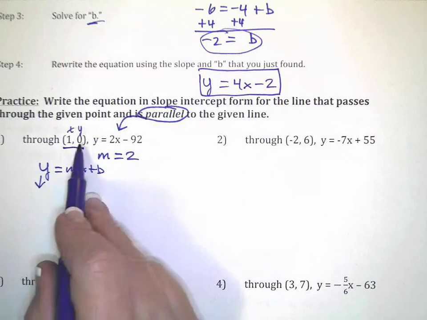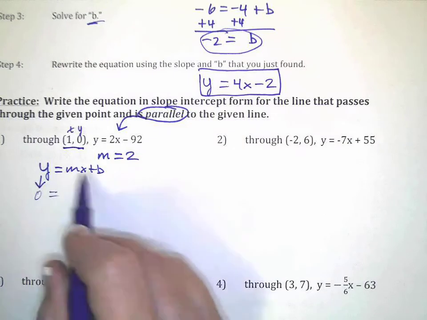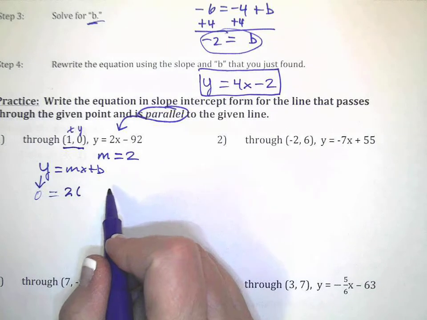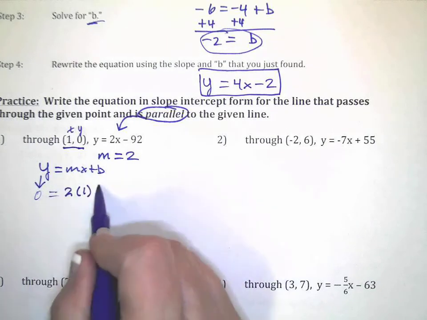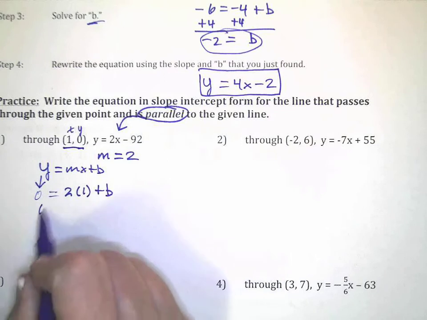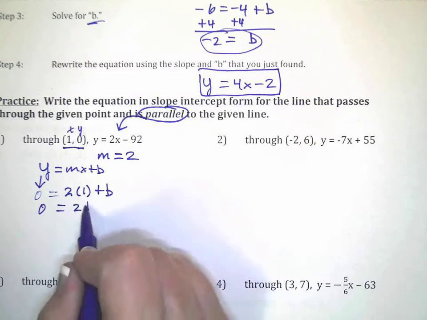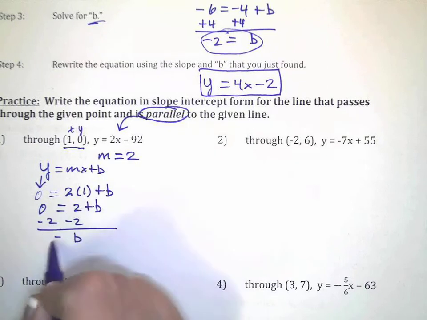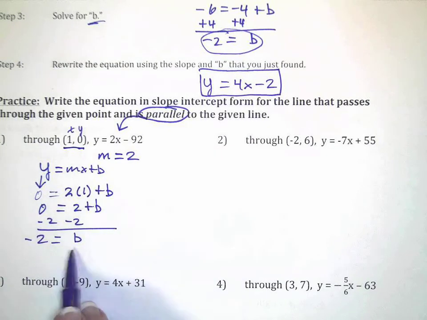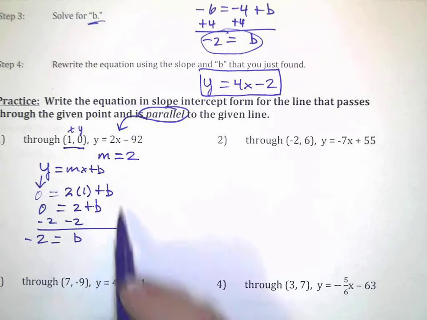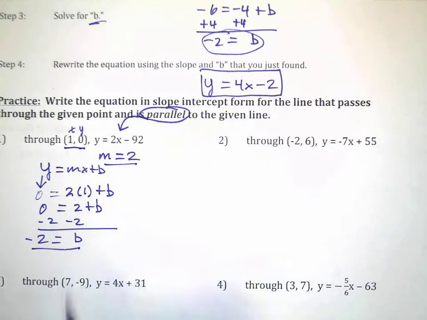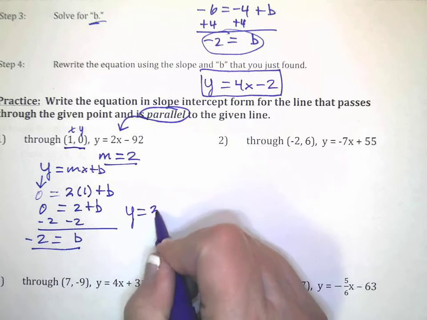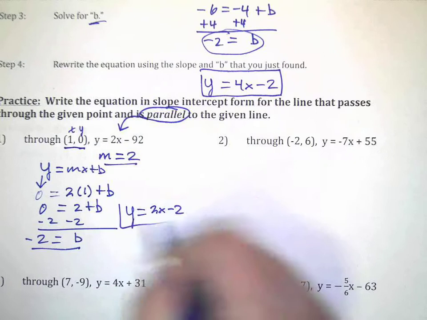So in place of y, we have 0 equals m, which is our slope, times x, which is 1, plus b. So 0 is equal to 2 plus b. Subtracting 2 from both sides, we're getting that b is equal to -2. So now that we know the slope and we know the y-intercept, we can write the equation of our line. Y equals 2x subtract 2.